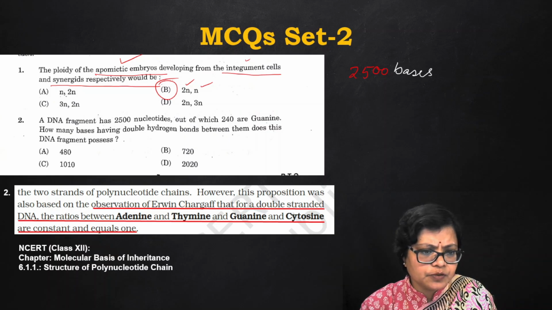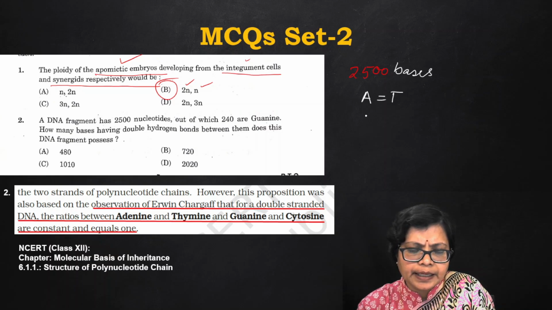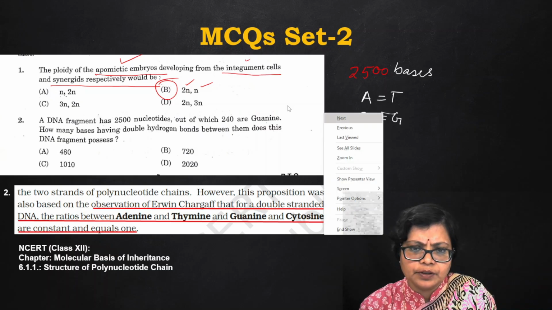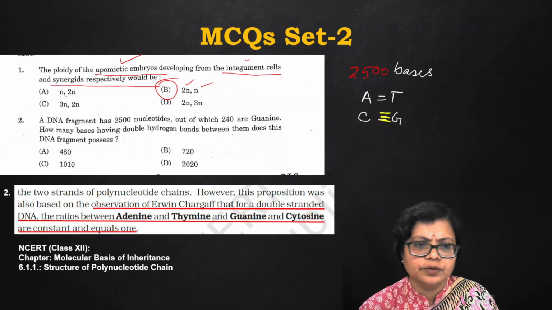As per Chargaff's rule, the amount of adenine equals thymine and the amount of cytosine equals guanine. Between adenine and thymine there is a double hydrogen bond, and between cytosine and guanine a triple hydrogen bond. That we know.